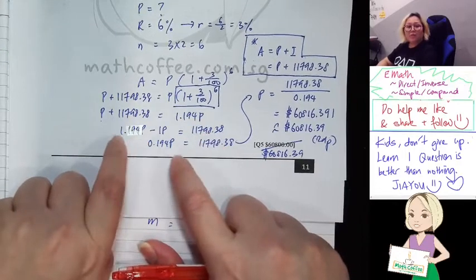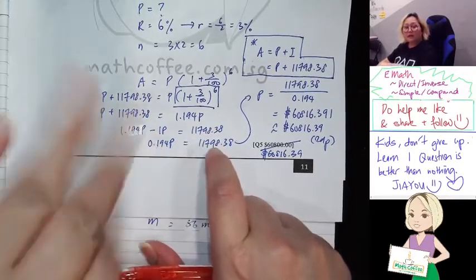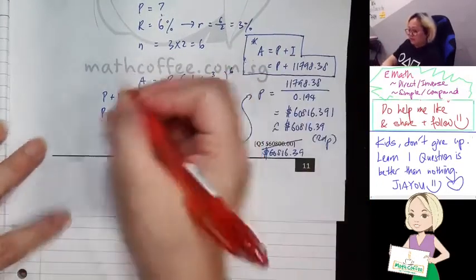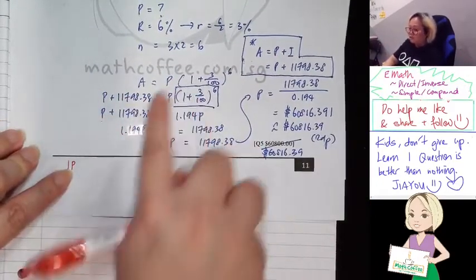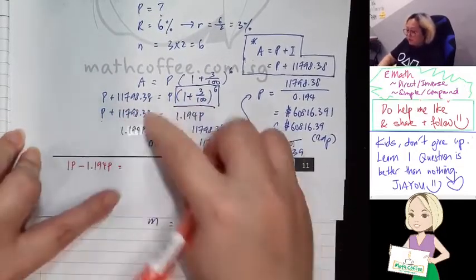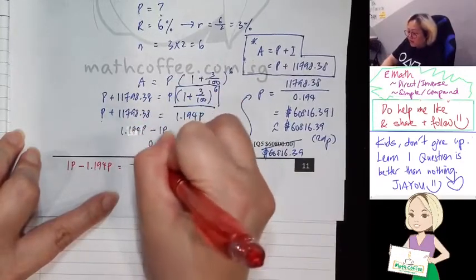Then 1.194 minus 1 becomes this. If you cannot see as fast, you can also do it this way. I can also say 1P is here. This one bring over, minus 1.194P equals this number I bring over, it becomes negative 11798.38.